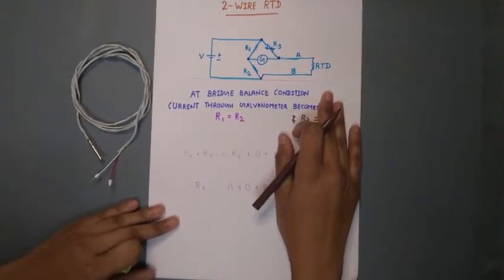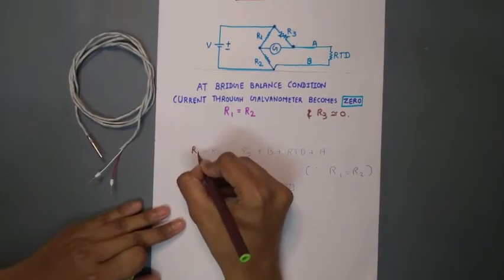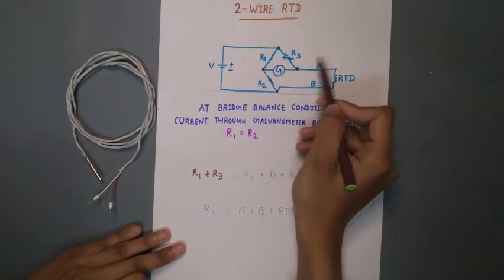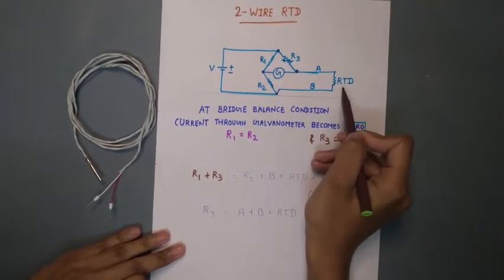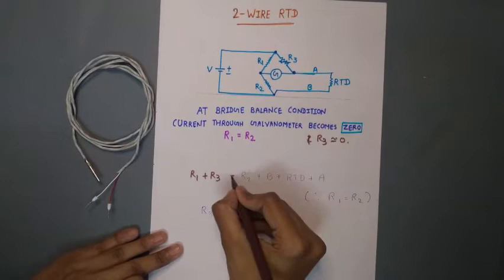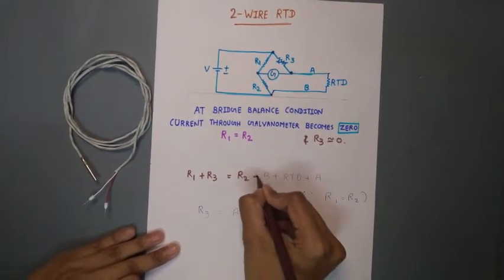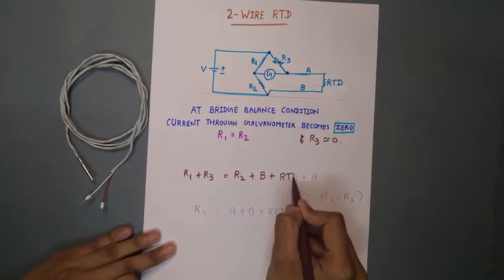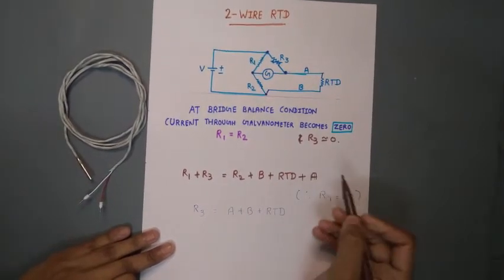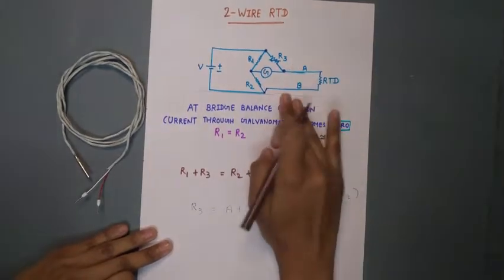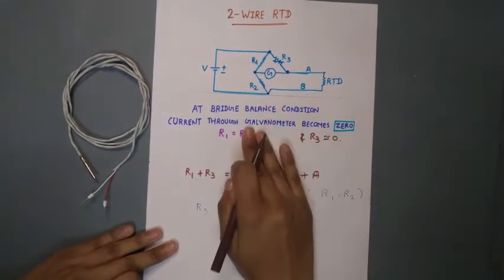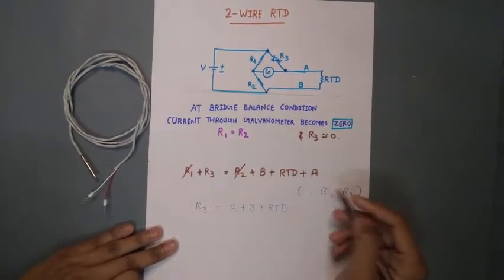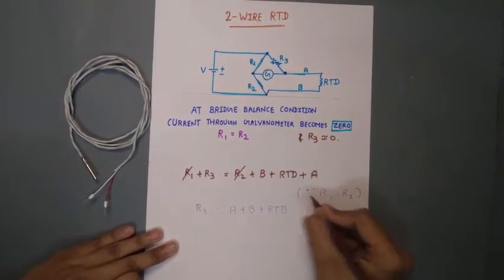So for that, R1 plus R3 is equal to R2 plus B plus RTD plus A. So the first half of the bridge is equal to the second half of the bridge as per bridge balance condition. Now R1 and R2 get cancelled since R1 is equal to R2.